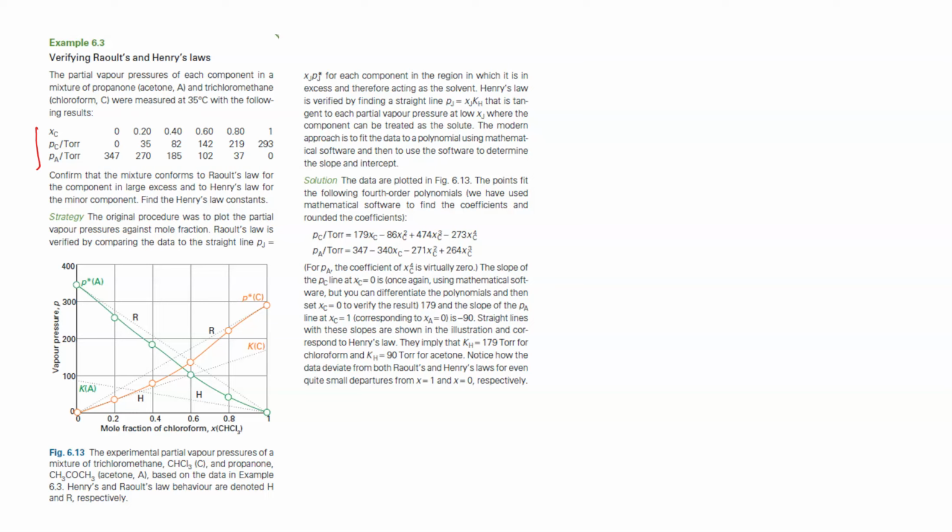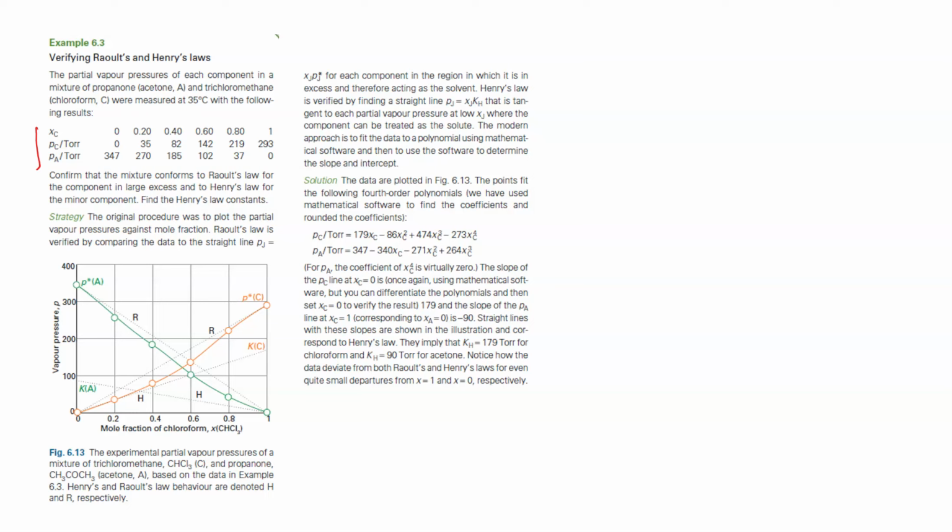So the strategy to solve this problem, the original procedure was to plot the partial vapor pressures against mole fraction. Raoult's law is verified by comparing the data to the straight line where the partial pressure of J equals the mole fraction of J times the partial pressure of J under normal conditions for each component in the region in which it is in excess, and therefore acting as the solvent.